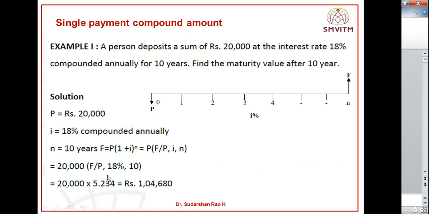That value is 5.234. Therefore, if you multiply this by the present value, it will be 1,04,680 rupees. If you deposit 20,000 now, after 10 years you will get 1,04,680 rupees at 18% interest rate.